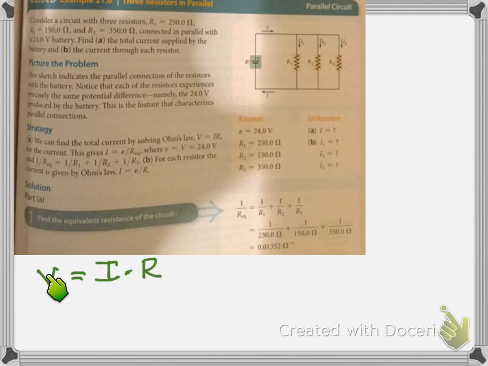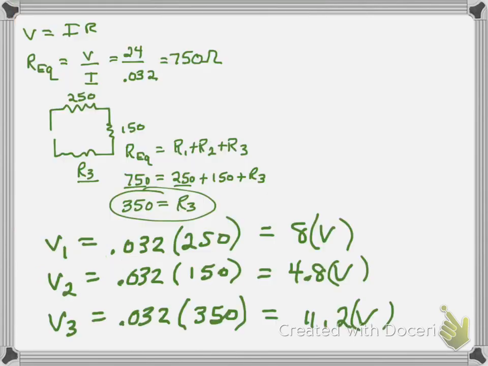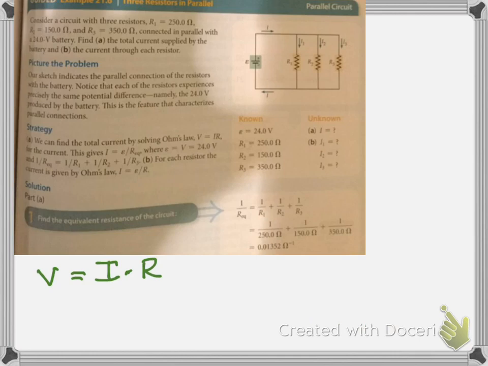I have 24 volts total, and the volts in this problem, I believe, will stay the same all the way through. The amount of voltage is going to be 24. It's your current that varies this time. In a series circuit, it's your voltage that can vary, where in a parallel, it's your current that varies.